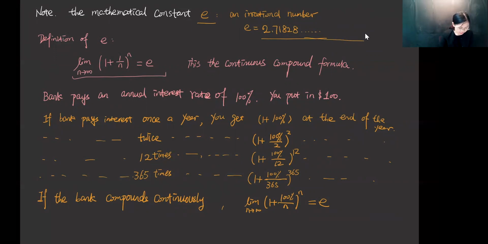What's the definition of e? One definition of e is through this formula right here. e is defined to be the limit of this quantity, the limit of 1 plus 1 over n to the power n.